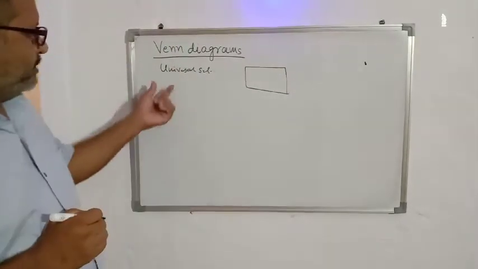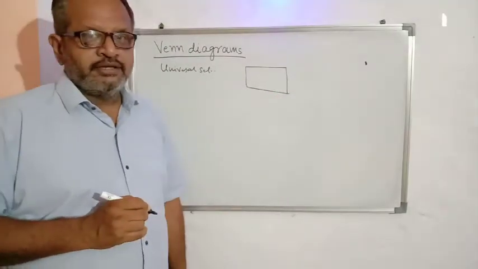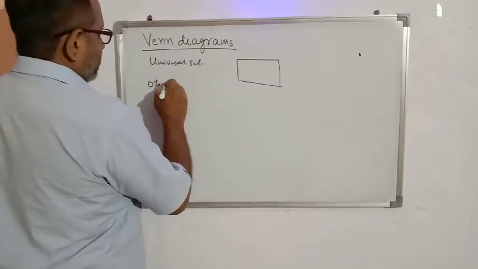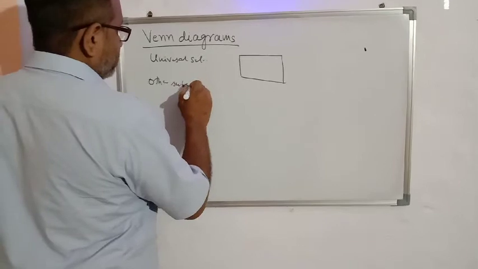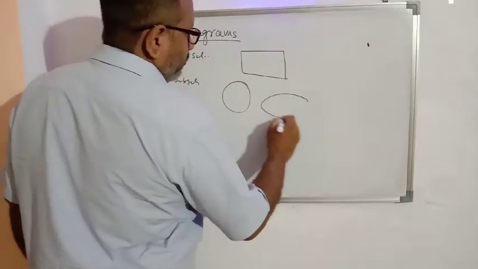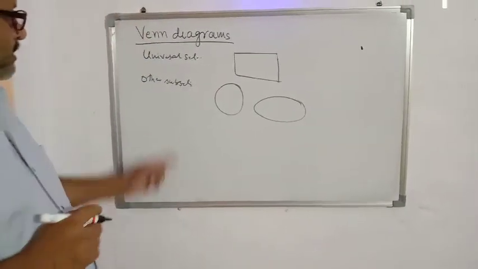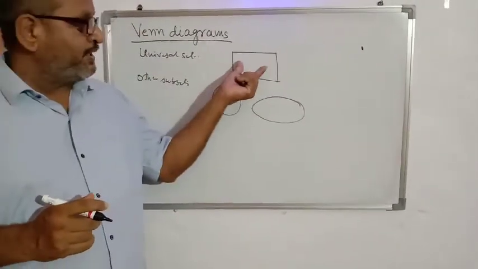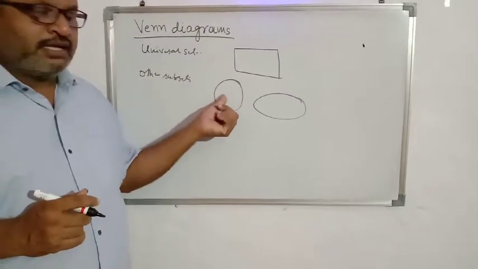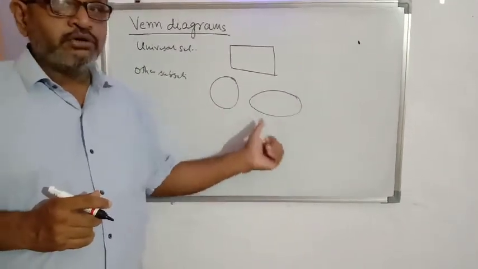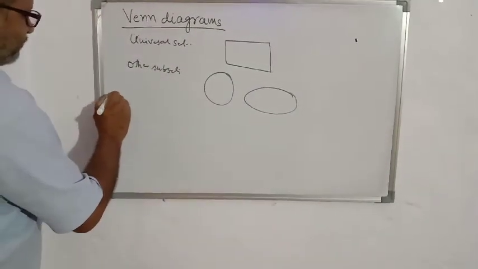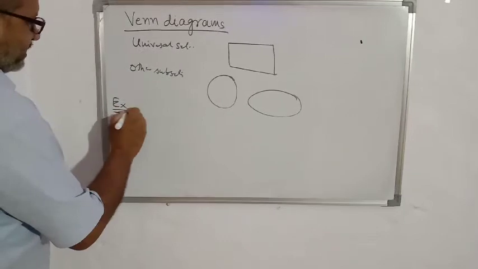In a Venn diagram, the universal set is represented by a rectangle, and other subsets are represented by a circle or an oval shape. We will see with the help of one example how we will represent it.